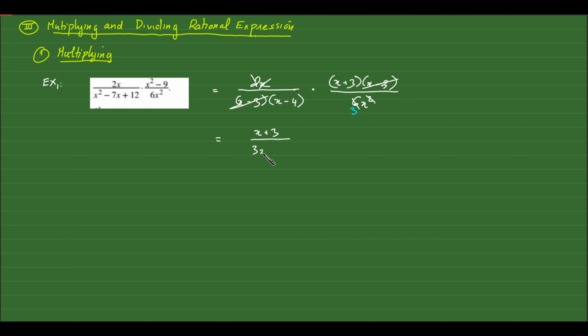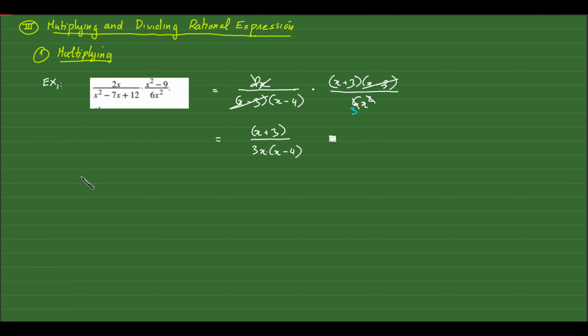Over 3x times x minus 4. Alright. And anything else we can cancel? Of course, you're not going to go ahead and cancel the x over here because it belongs to one factor. This is a factor already, so there's no way you can cross this. Alright? So this will be your final answer.